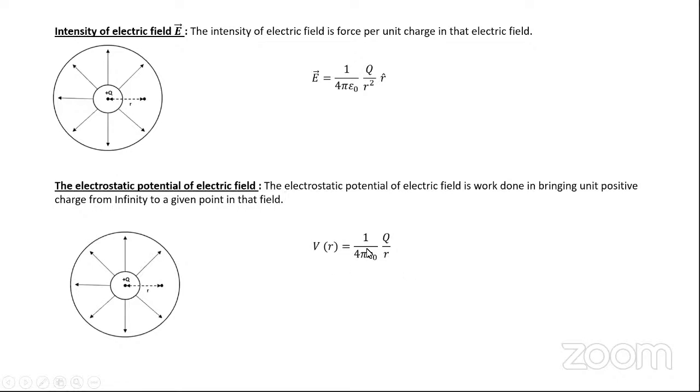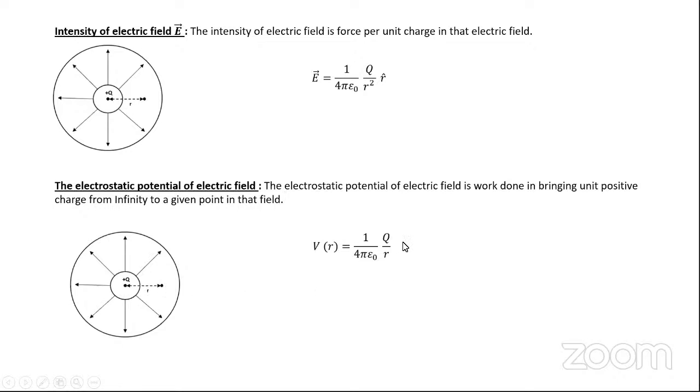Force into displacement. On unit charge, the force is 1 upon 4 pi epsilon 0 Q divided by r square, right? So this E is the force on the unit charge, multiplied by the displacement. How much displacement have we made? Actually from plus q to distance r.